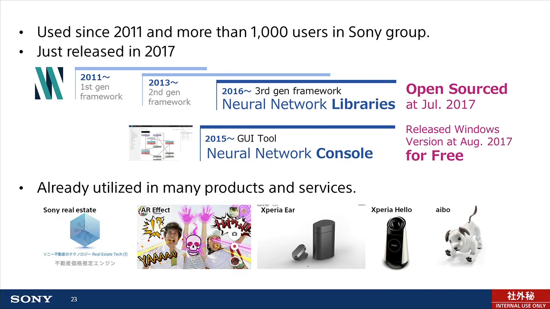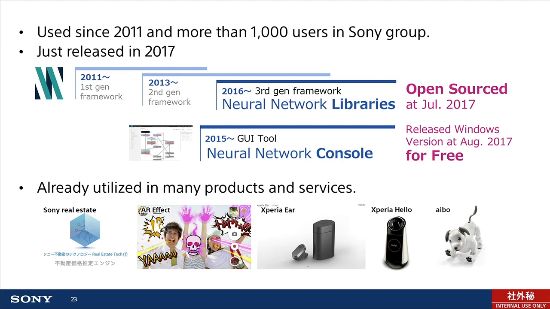We have already been utilizing this software since 2011, and there are more than 1,000 users in Sony Group. This software is already utilized in many products and services, as well as to make operations effective. Actually, the Neural Network Libraries we open sourced last year is the third generation, so we scrapped and rebuilt these libraries twice.